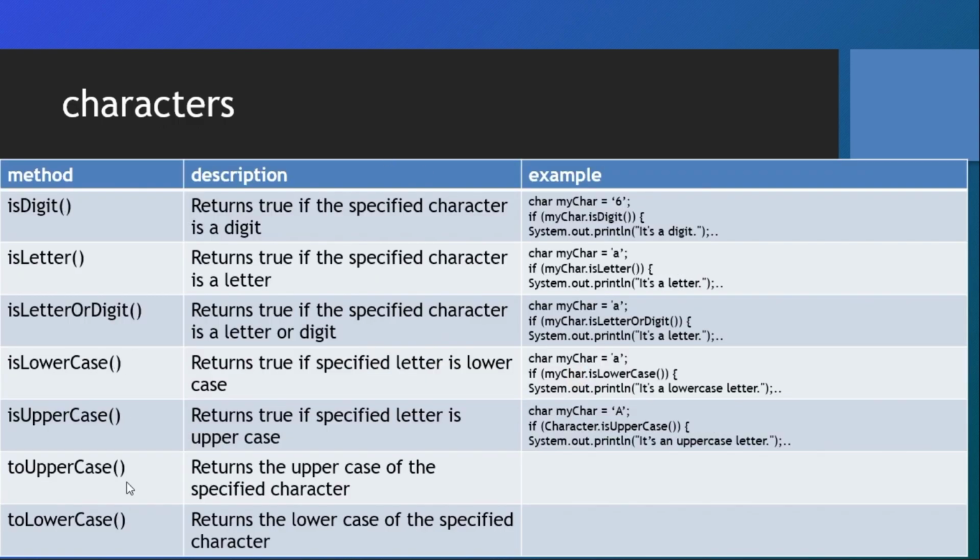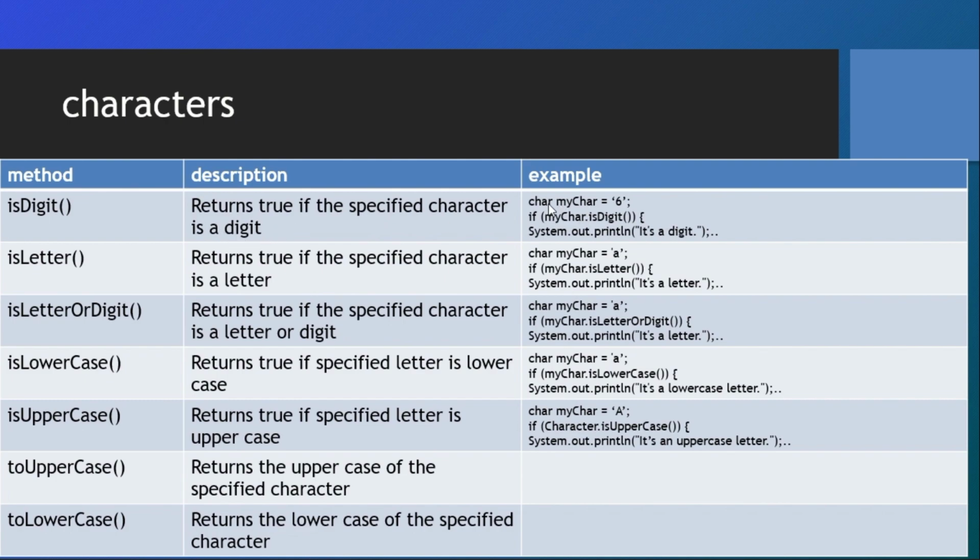Okay, so we have the Character class, and in this class we have methods that are used for returning some specified value or what we need. So we have our method column, our description column, and our examples. First things first, we're going to start with the isDigit method. It returns true if the specified character is a digit.